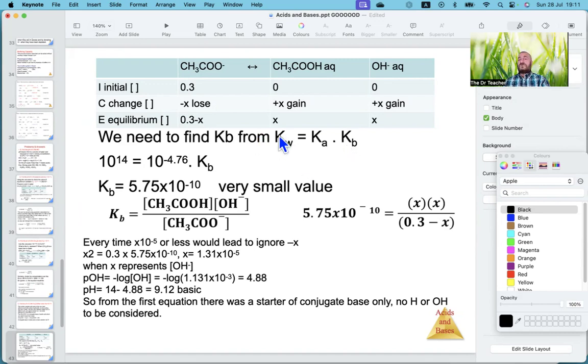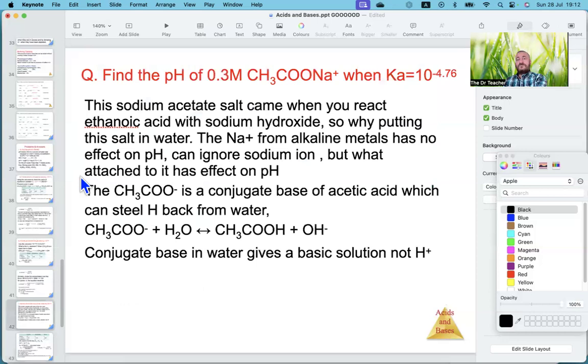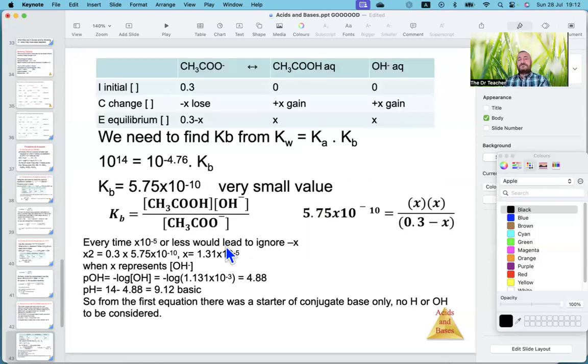So the Kw, the constant of water, is what? 10 to the power minus 14. Okay, that's the constant. Now, the Ka being given here is 10 to the power minus 4.76, and this times the Kb.